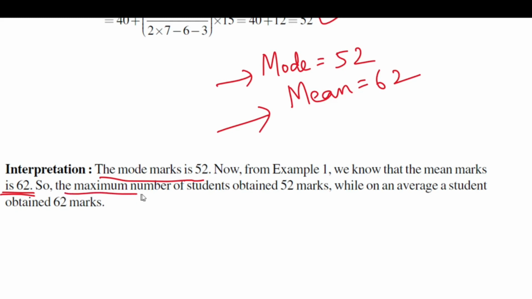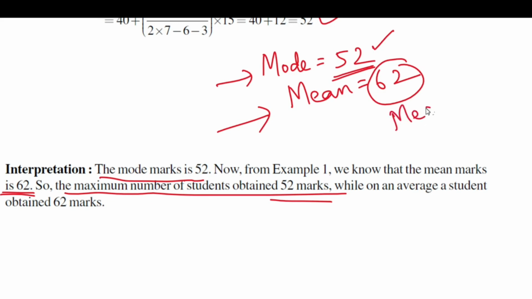The maximum number of students obtained 52 marks. Mode is the most occurring value, most occurring observation. But the average of the marks is 62. Average means mean in this sense. The average of the marks obtained by the students is 62.